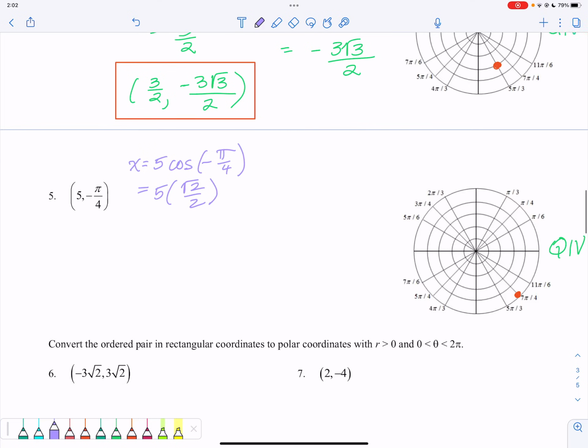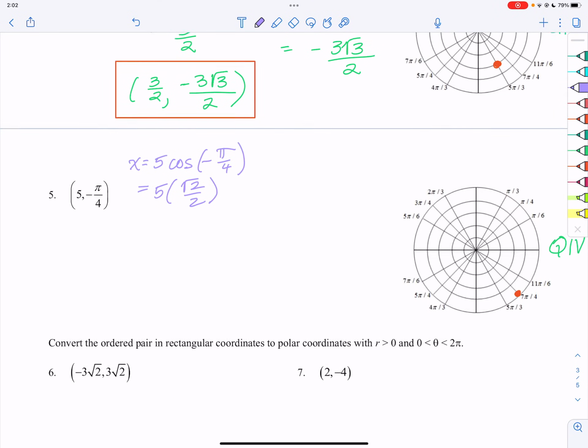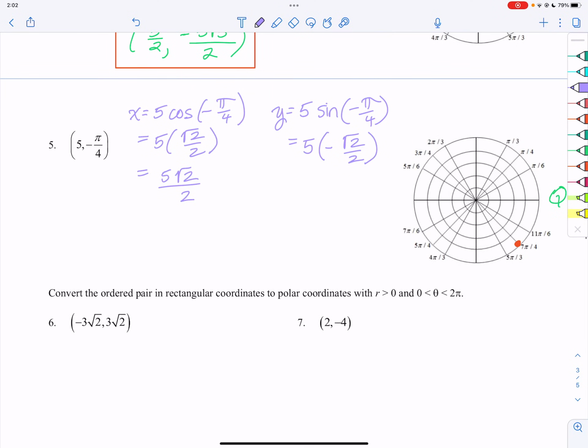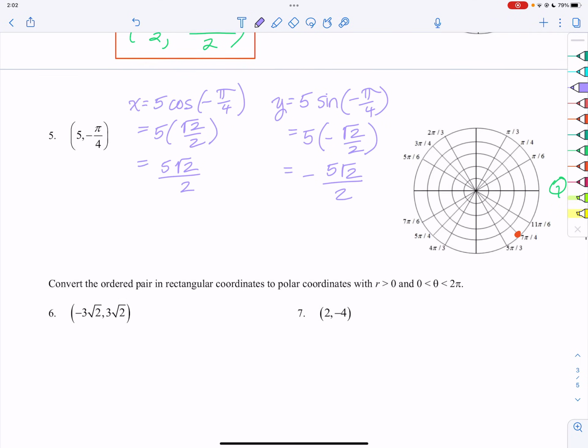And then we have 5 root 2 over 2. And now we have y is equal to 5 sine of the opposite of pi over 4, and we have 5 multiplied by the opposite of root 2 over 2, and we get the opposite of 5 root 2 all over 2.